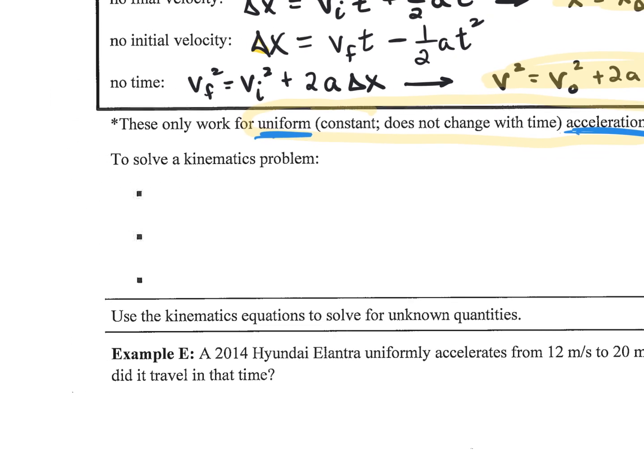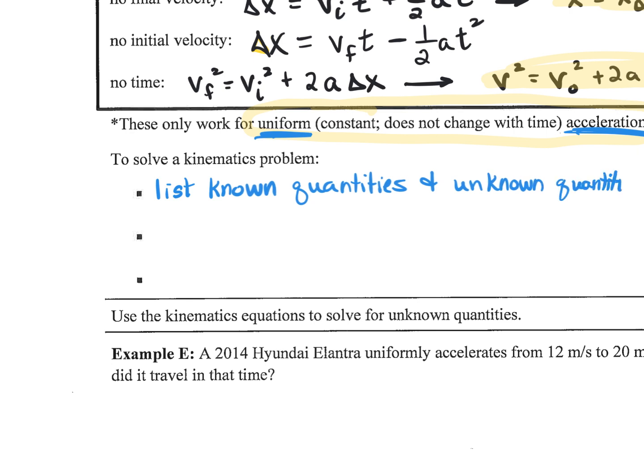So how do we solve a kinematics problem? You want to list your knowns. List your known quantities and your unknown quantities. Hopefully there's only one unknown quantity.